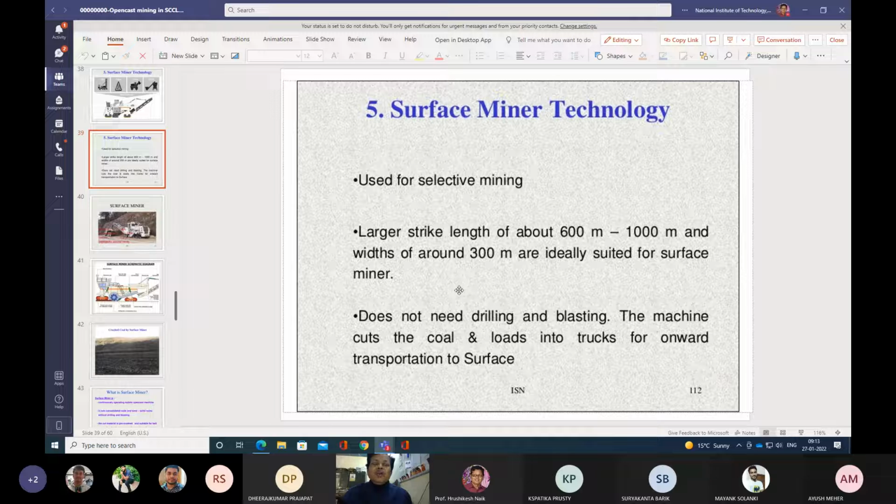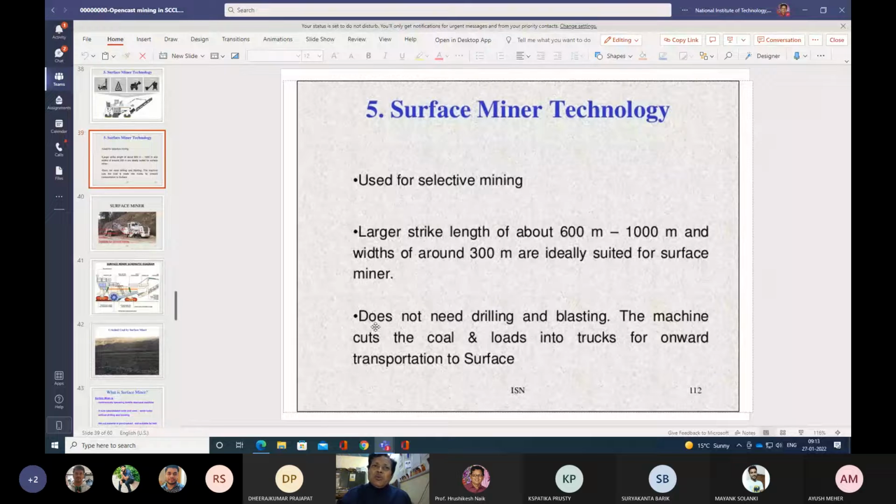So where you can use the surface miner technology, it is a selective method of mining, and the deposit should have a strike length of about 600 to 1000 meter, and the width of the deposit should be around 300 meter. Then only surface miner technology will be ideally suitable for that type of deposit.